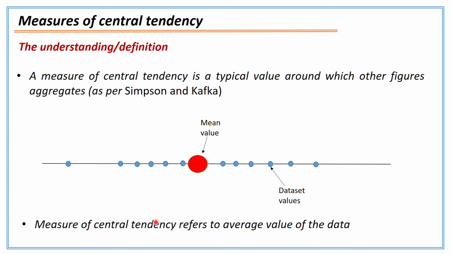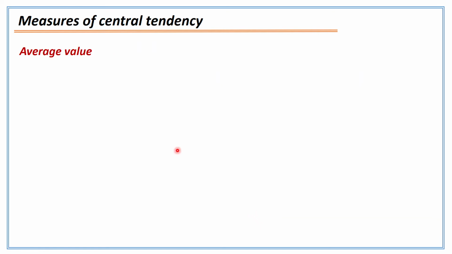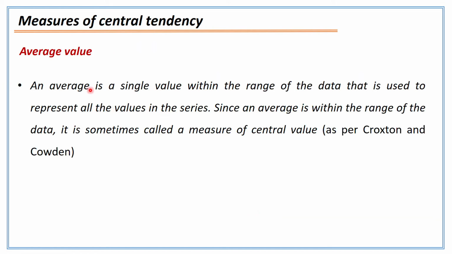So a measure of central tendency refers to the average value of all the data. Now, what is an average value? An average value is a single value within the range of the data that is used to represent all the values in the series. That means whatsoever data points are there in the series, that single value will represent all those values.